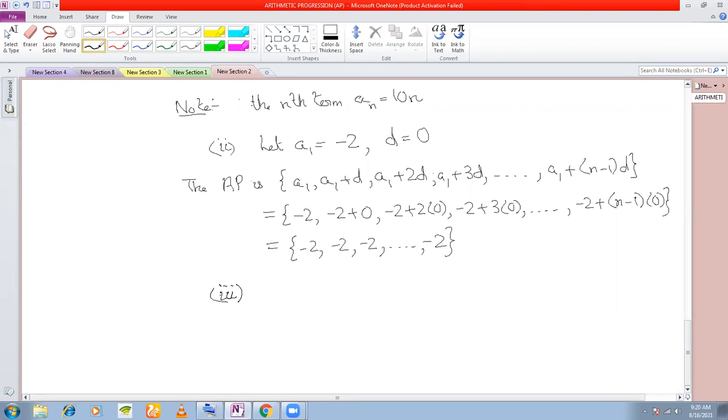See a third example here. Suppose I give you A1 is equal to 4. And if I give you D is equal to -3, then what is the AP?